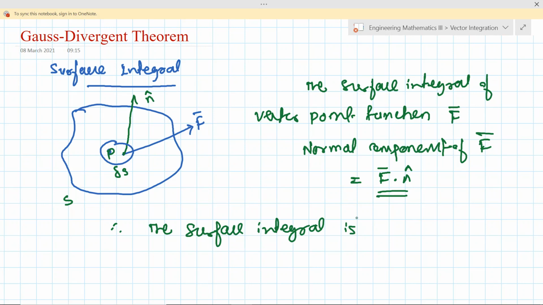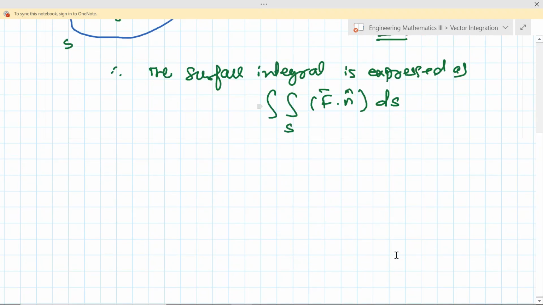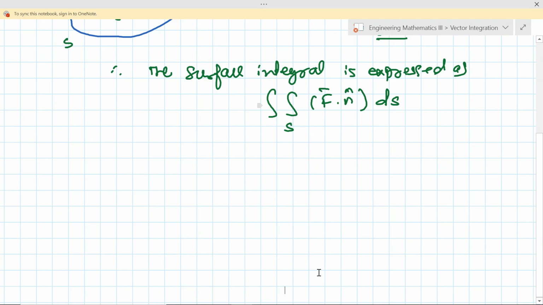So the surface integral is expressed as the double integration of this normal component of f bar over the surface S, ds. And here, ds bar can be written simply as n cap ds. So n cap into ds is nothing but ds bar.